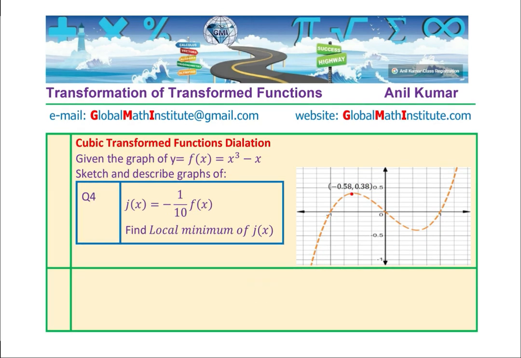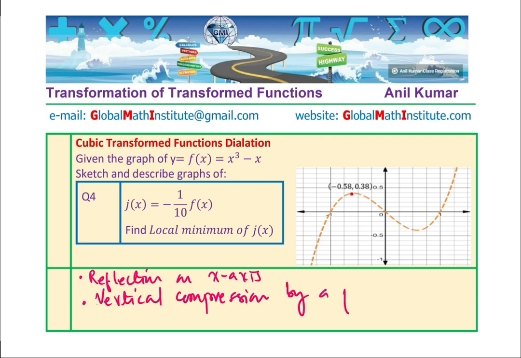Question number 4. You can always pause the video to answer this particular question, right? This time we have vertical compression by a factor of 1 over 10 and a reflection on the x-axis, right? It's important to write factor because you're multiplying it, you understand?